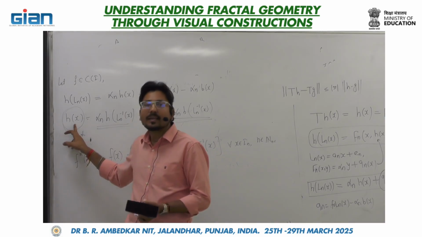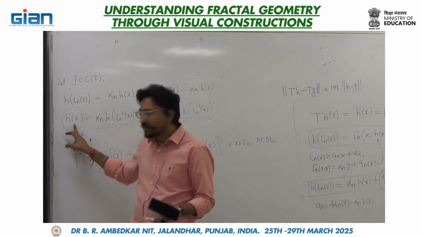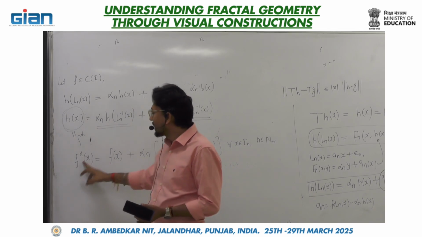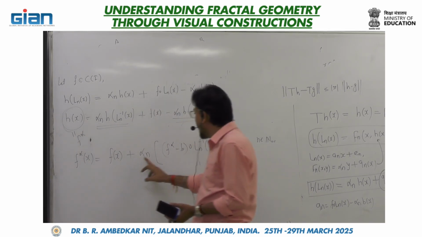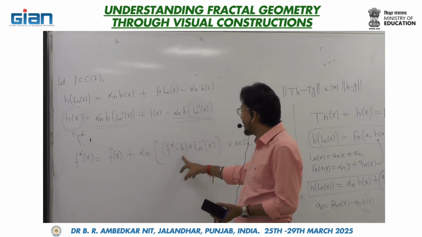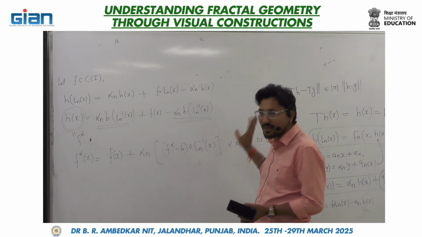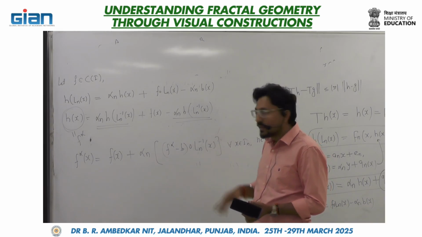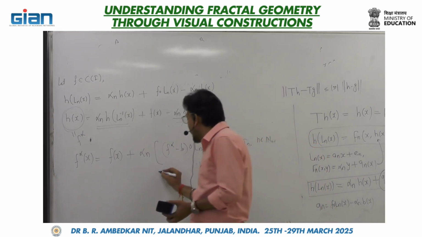F alpha is nothing but your h(x). So the notation is f alpha(x) equal to f(x) plus alpha n times (f alpha minus b)(Ln inverse x) for all x belonging to In. And here b is your base function.